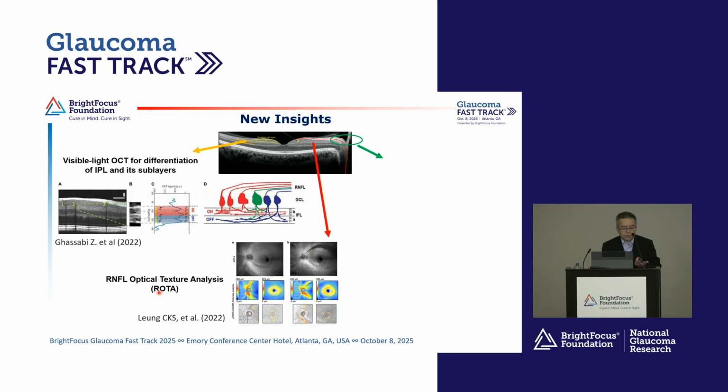And for other methods that could further enhance the sensitivity for RNFL, Professor Chris Leung from Hong Kong also developed optical texture analysis of the RNFL using algorithms including both thickness and reflectance and also some AI-powered analysis.